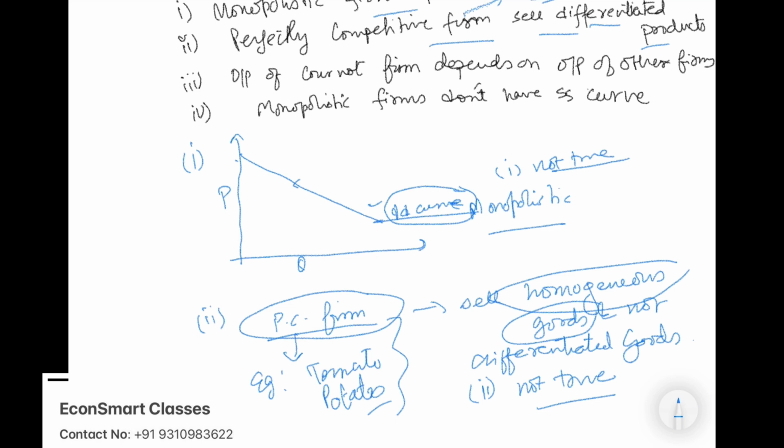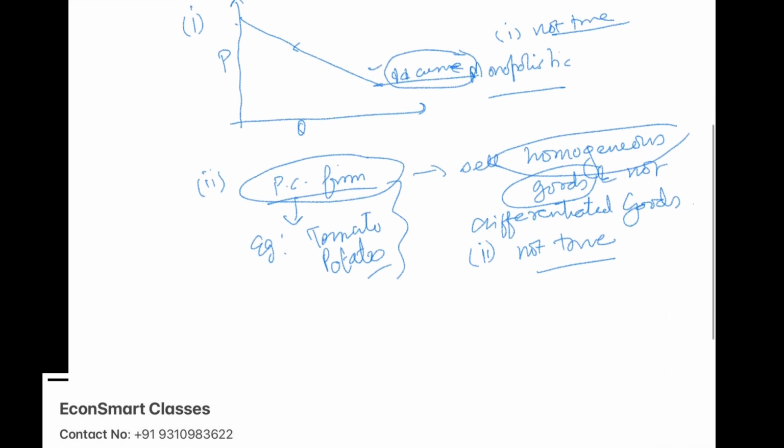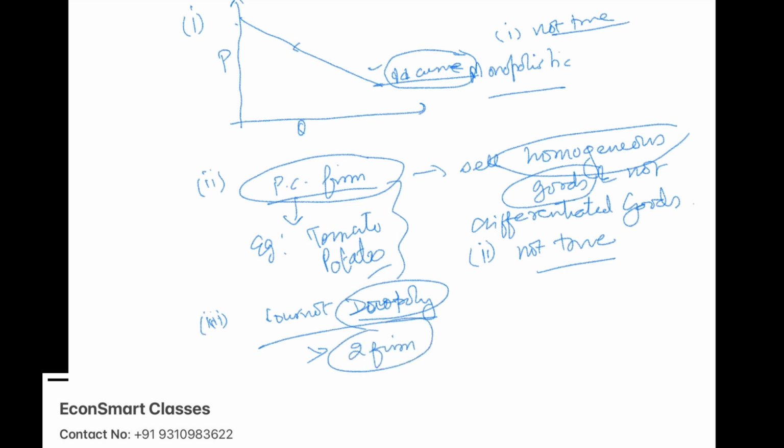Moving on to the third part, output of Cournot firm depends on the output of other firm. Now what does it have to say? The third part is Cournot duopoly. Basically it's the feature of Cournot duopoly that there are two firms, and the two firms are setting quantity for their firm at the same time.